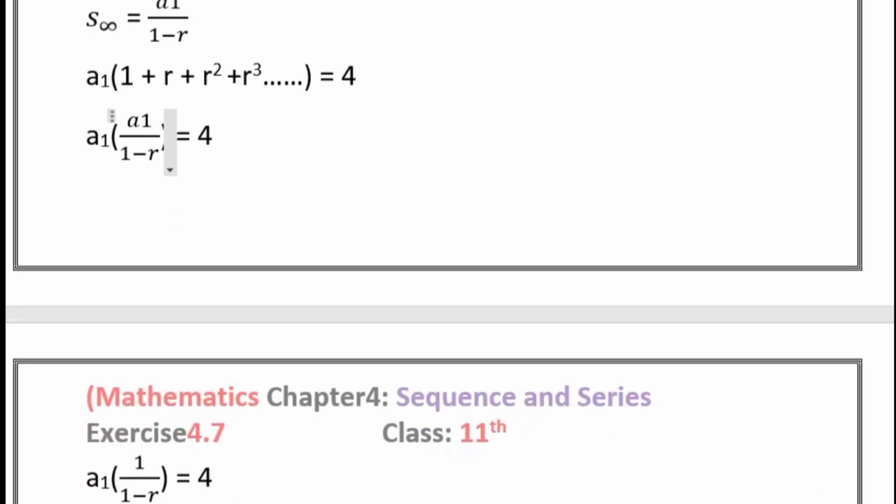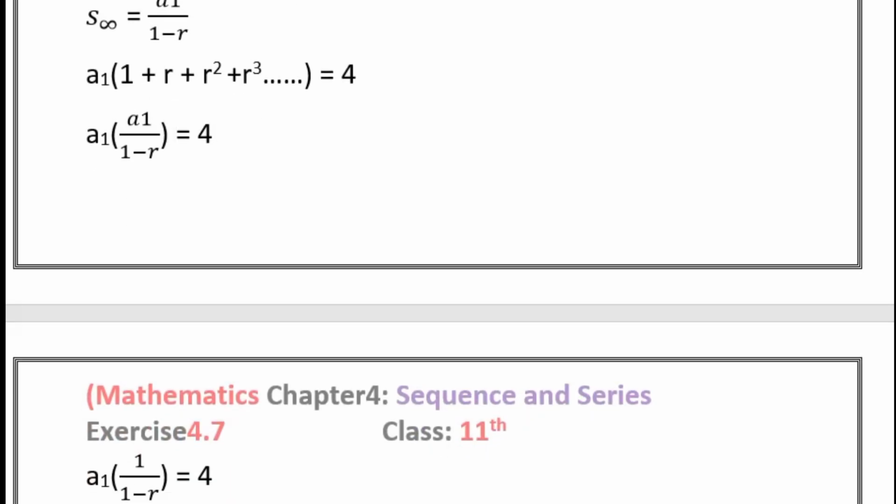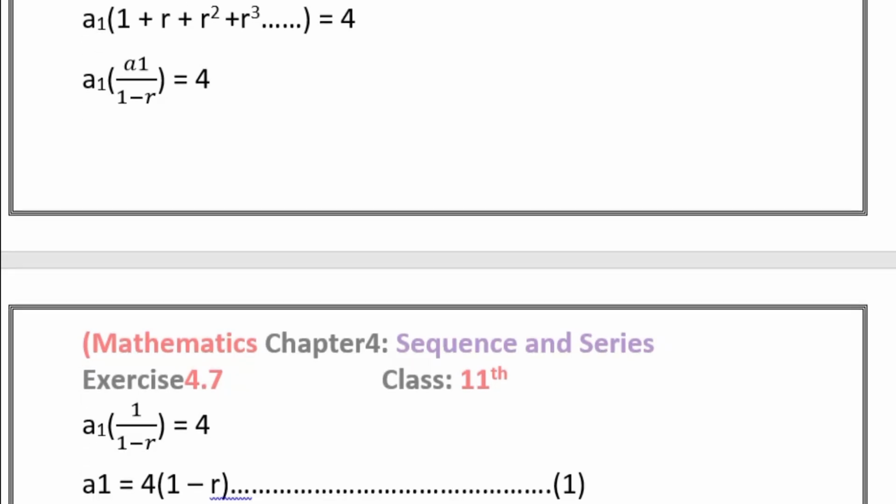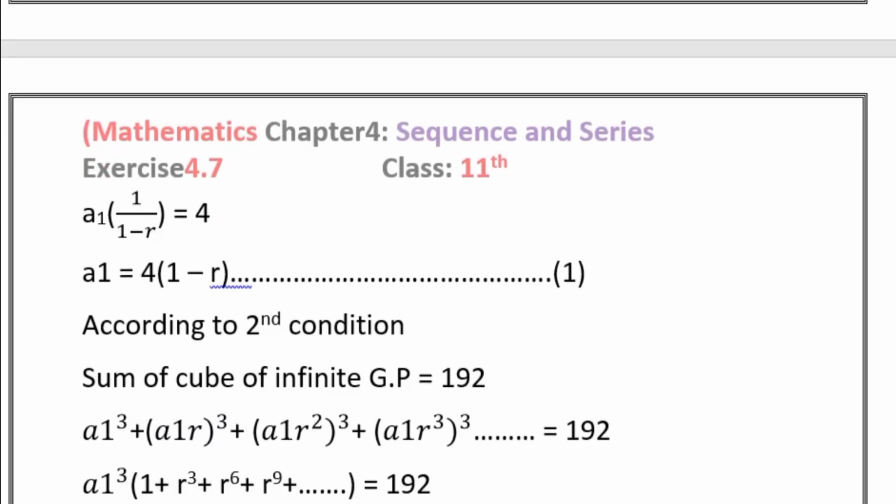So by putting the values, a1 divided by 1 minus r is equal to 4. By cross multiplication, a1 is equal to 4 into 1 minus r, that is equation number 1.